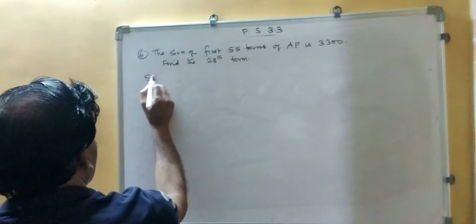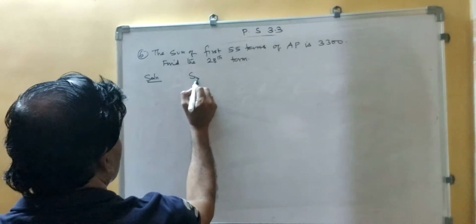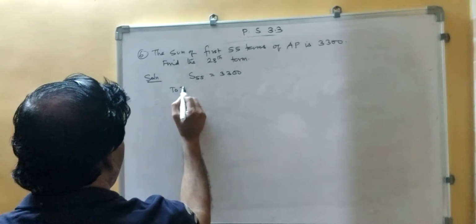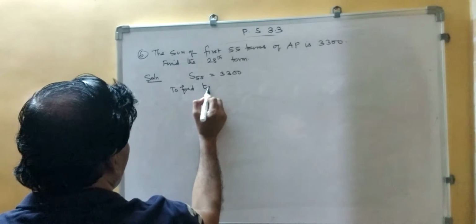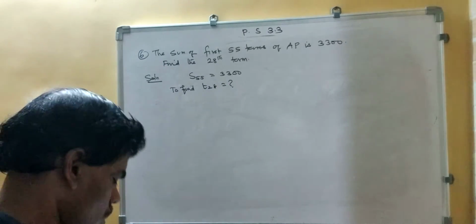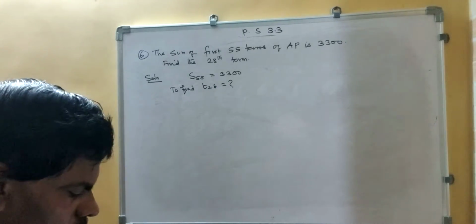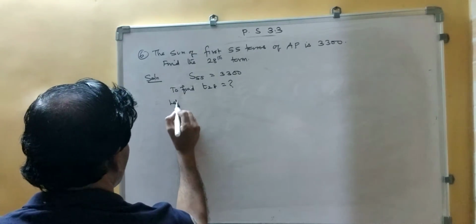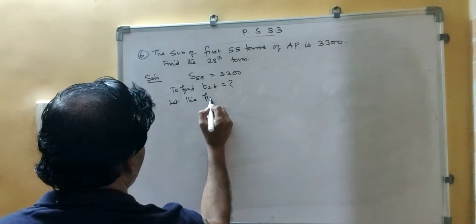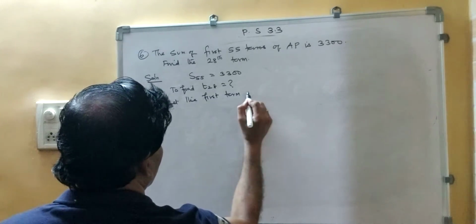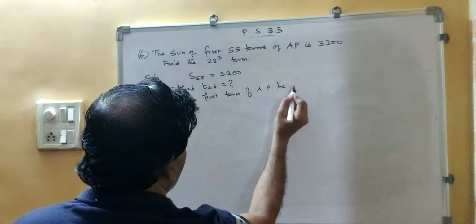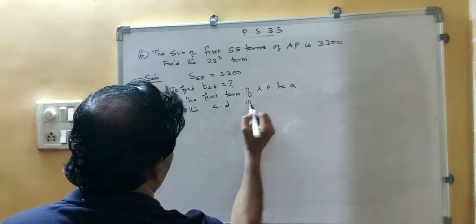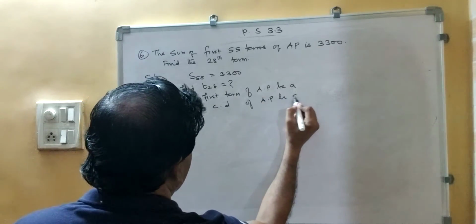That means, listen very carefully, S55 is given 3300 to find T28. What you have to find out is T28. Okay, now let the first term of AP be A. Let the common difference of AP be D.